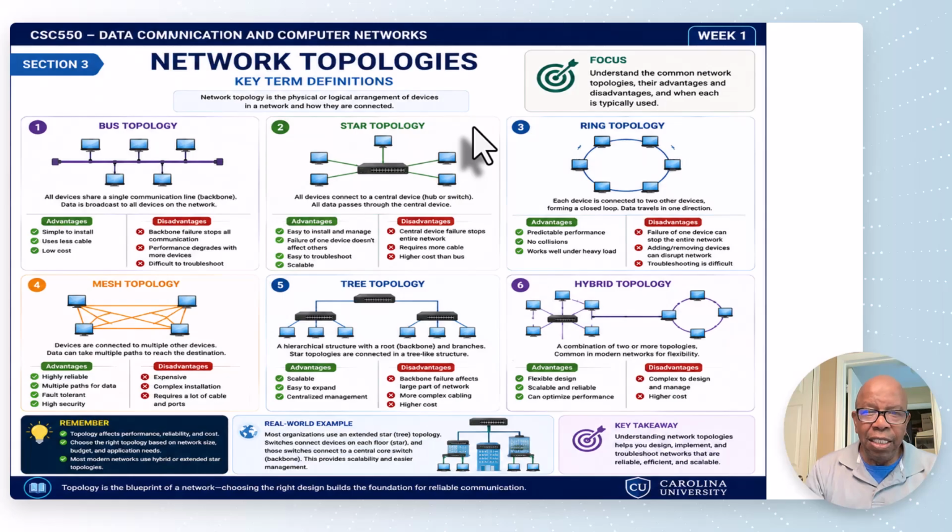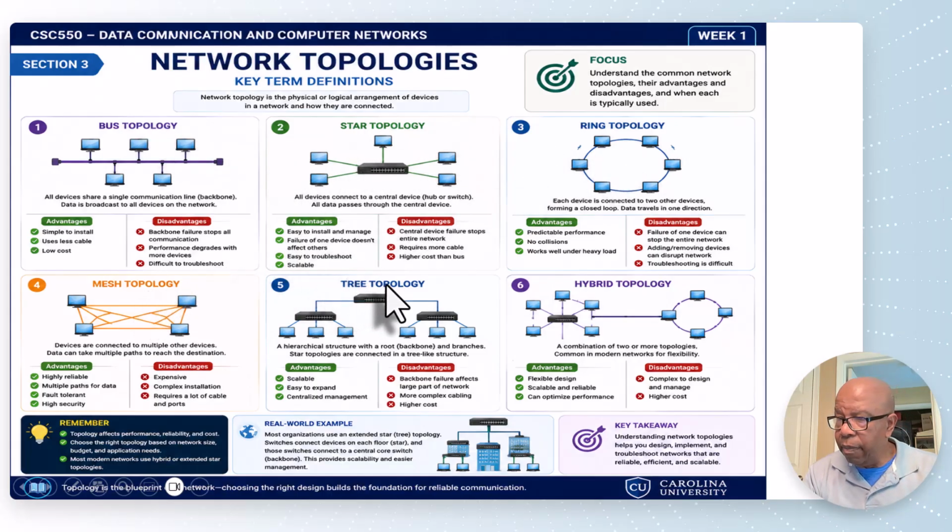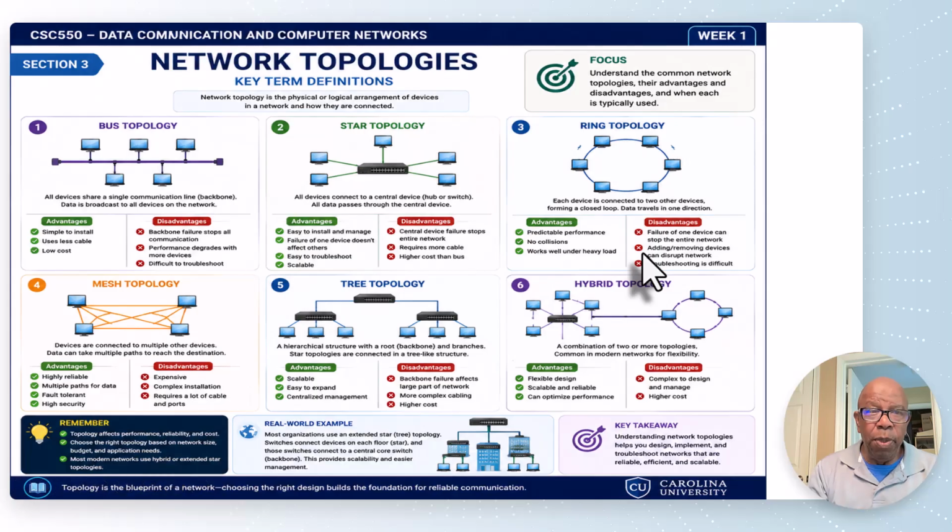And anything that is a node in the network, I can put in one of the topologies we're talking about here, whether that's a bus, a star, a ring, a mesh, a tree, or a hybrid. These are the definitions for each. We'll delve into more detail during our normal class, but this basically gives you the highlight information of how nodes are connected together in a network. What are the various ways that we can connect that information?